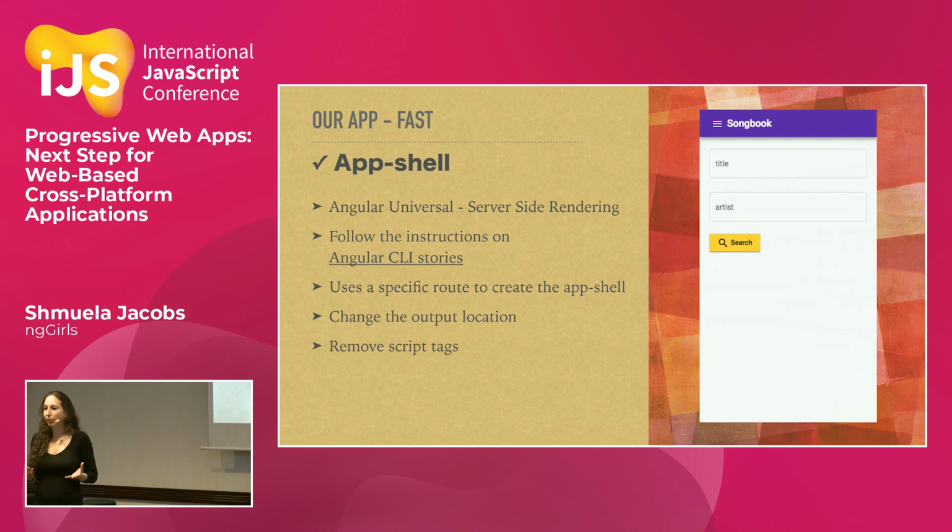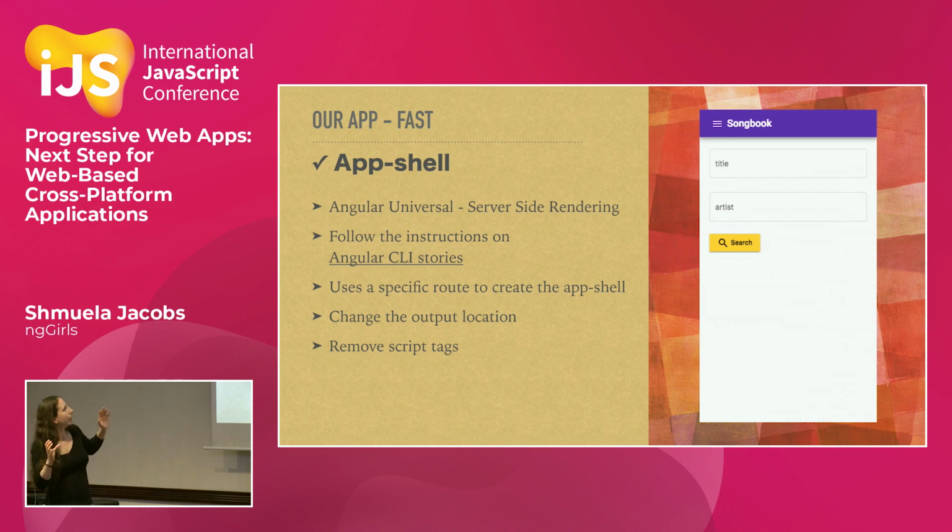We have a great tool coming from the Angular platform called Angular Universal, which is usually used for server-side rendering. When we render the application for server-side, it means that we can get a rendered view in our file, in the bundle, without having to wait for the scripts to run.